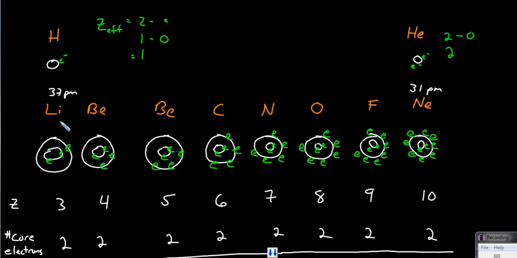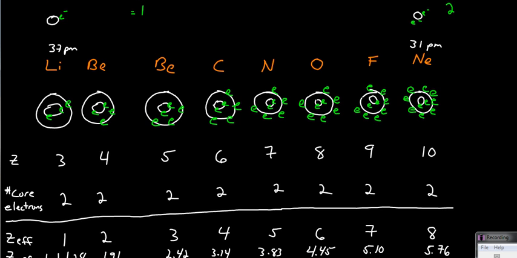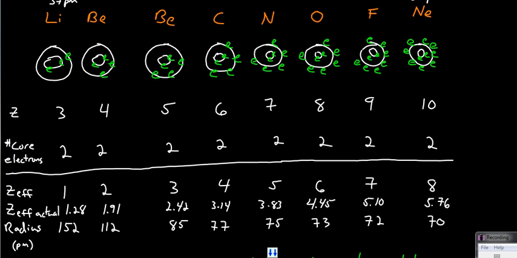Yet, as we go to the right in the periodic table, there will also be an increase in the effective nuclear charge. We can see this as we fill in this table here. These elements all have the same number of core electrons. Lithium has an electron configuration of 1s2 2s1.